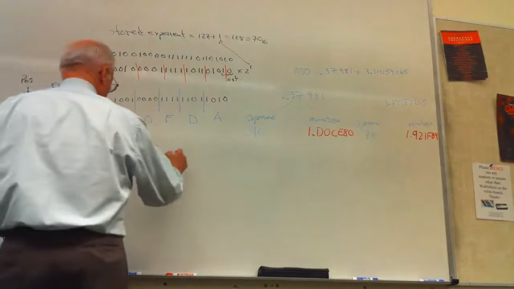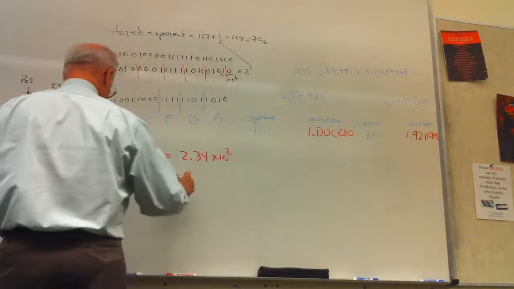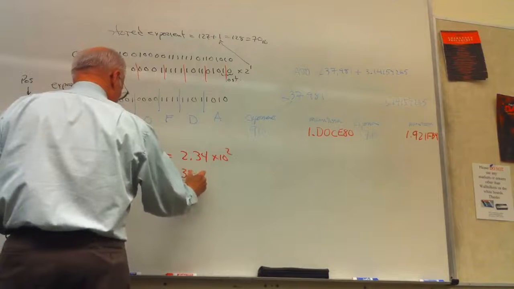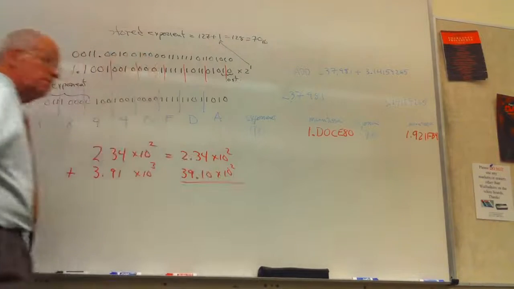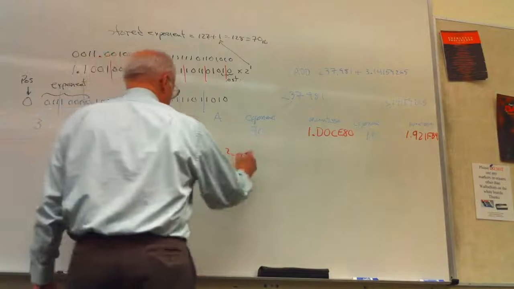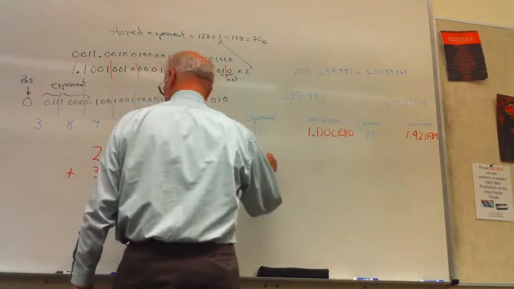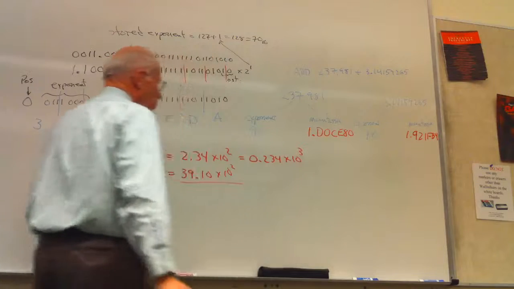Well, what we do, times 10 squared, I would have 39.1 times 10 squared. Or I could do this as 0.234 times 10 to the third.